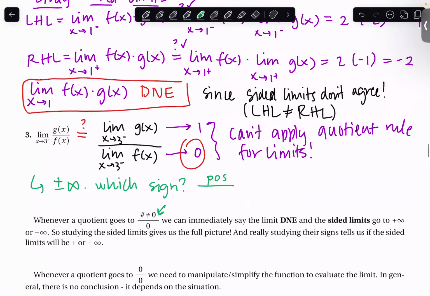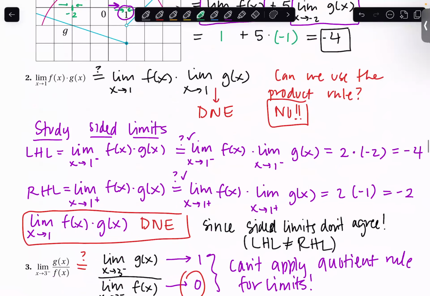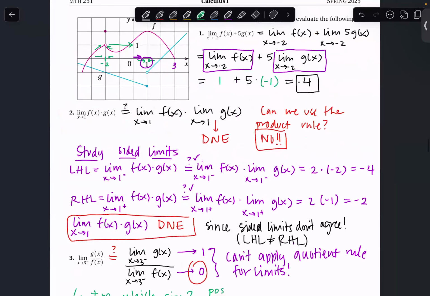So I'm going to look at my graph. If I approach 3 from the left-hand side, am I approaching it from the positive or negative? So are my y values positive or negative on the left-hand side of 3? So here, if I look to the left, my y values are above the x-axis. So these are all positive here, right? If I thought both directions, I don't have information on the right, so I can't answer that.